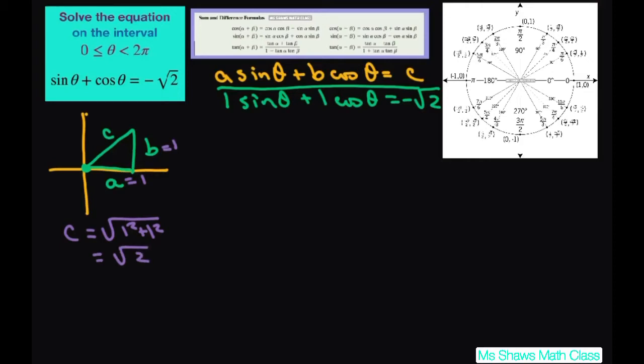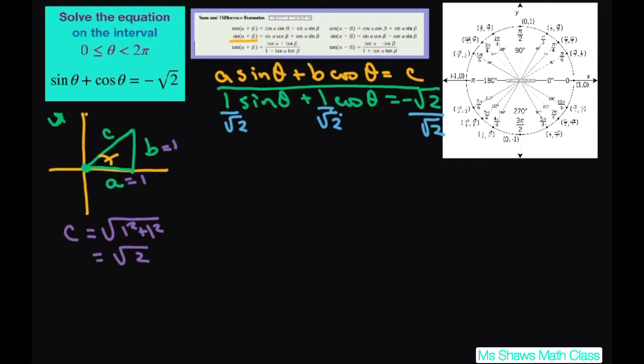The trick you want to do is divide everything by square root of 2. So let's put square root of 2 here, square root of 2 here. Now what we want to look at is this picture we have here. Since we want to use the sum and difference formula, I'm going to make another angle.